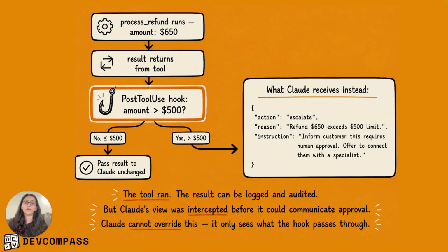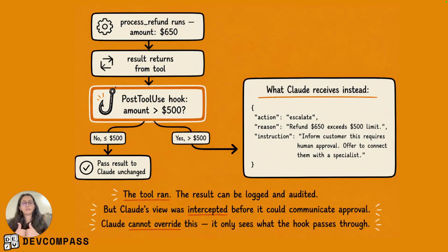It is not the refund confirmation, not a success message. It's an escalation instruction. A structured object with action: escalate, a reason explaining that the $650 amount exceeds the $500 limit, and an instruction telling Claude exactly what to say. Inform the customer that this requires human approval and offer to connect them with a specialist.